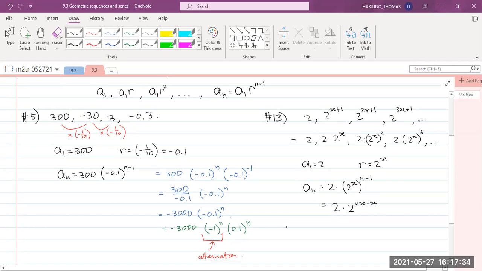But this can be written as 2 to the (n minus 1)x plus 1.